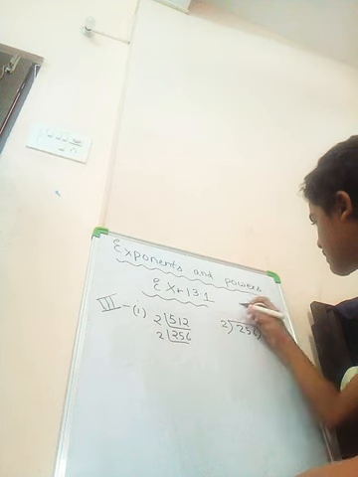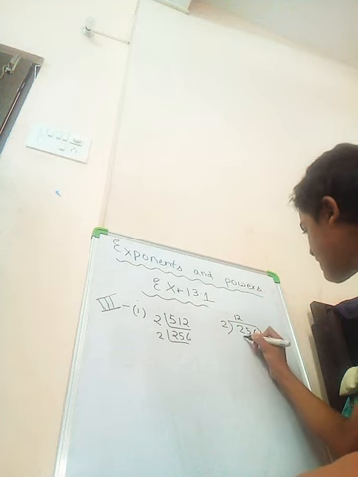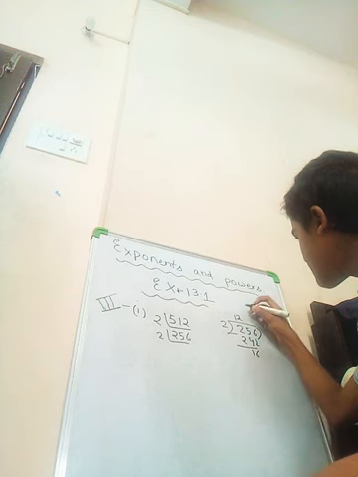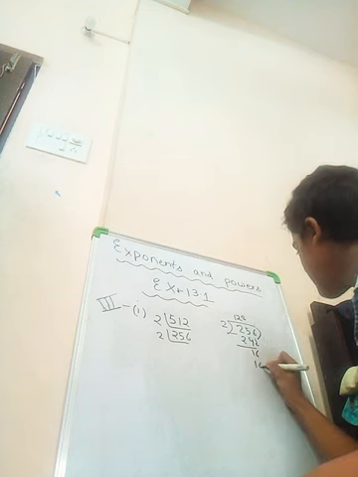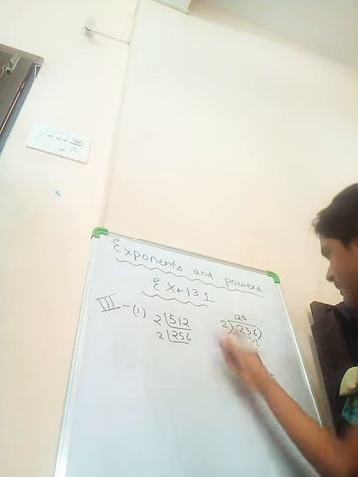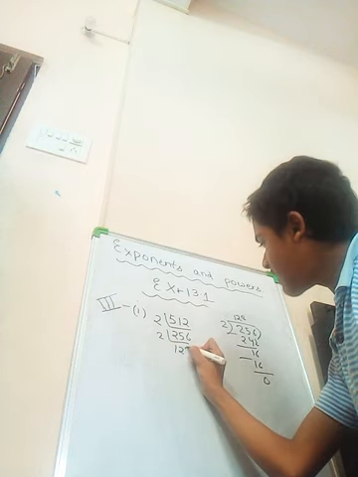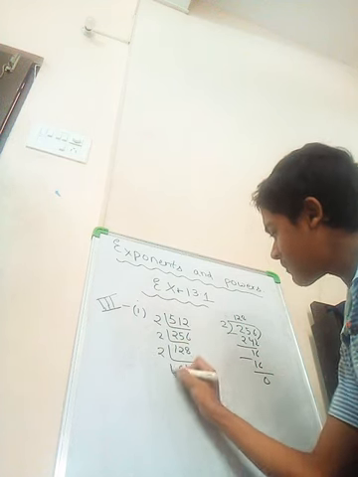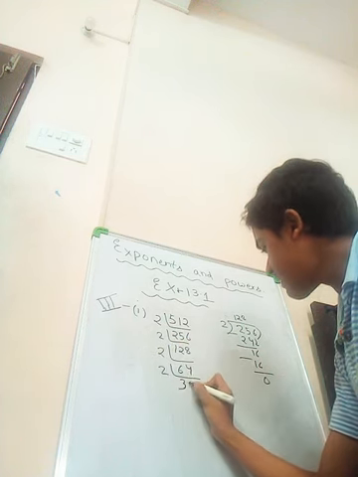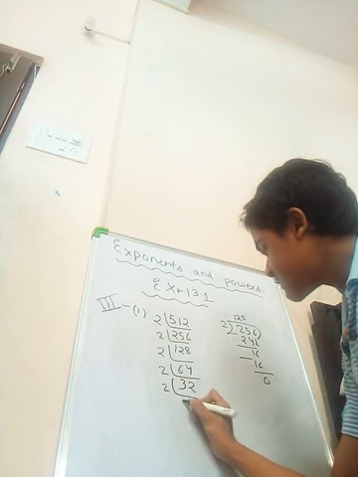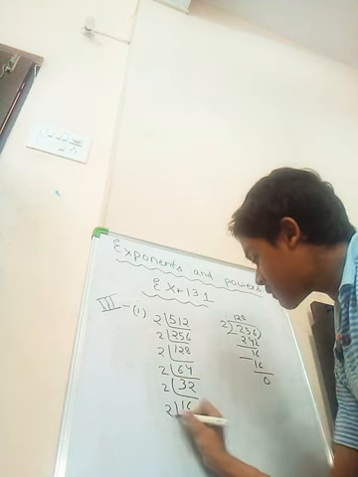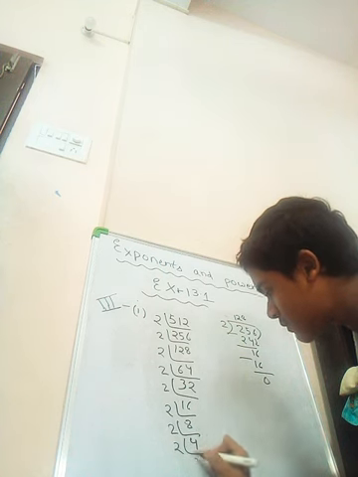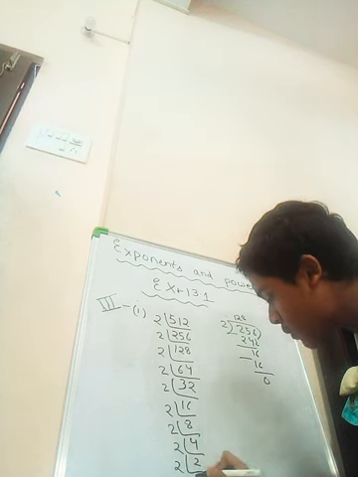2 sixes are 12, 2 eights are 16. 2 128s are 256, 2 64s are 128, 2 32s are 64, 2 16s are 32, 2 8s are 16, 2 4s are 8, 2 2s are 4, 2 1s are 2.